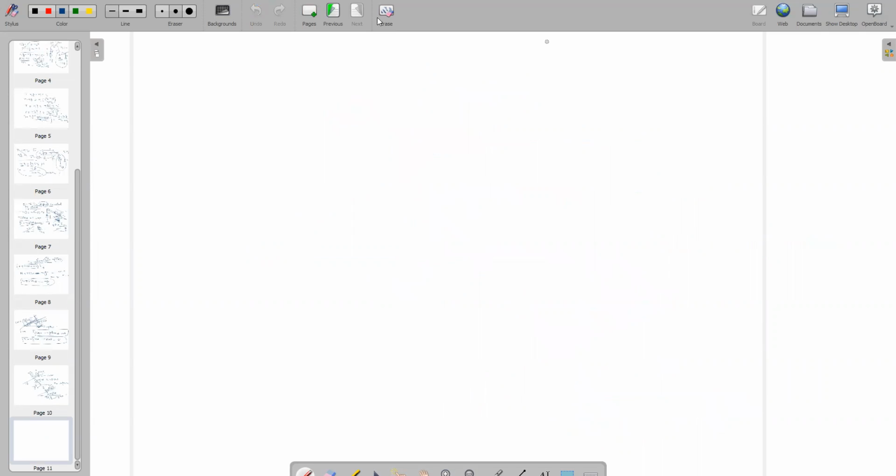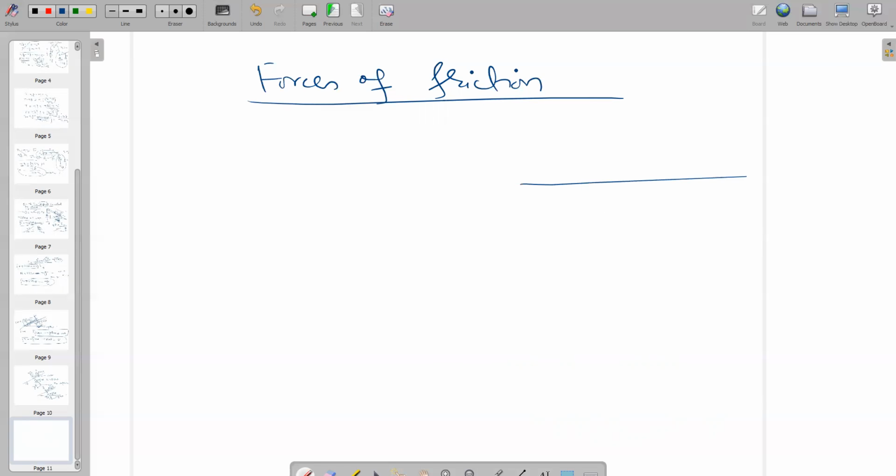Okay. After this, the forces of friction. How can we define the frictional forces? When an object is at rest or in motion, in any medium.